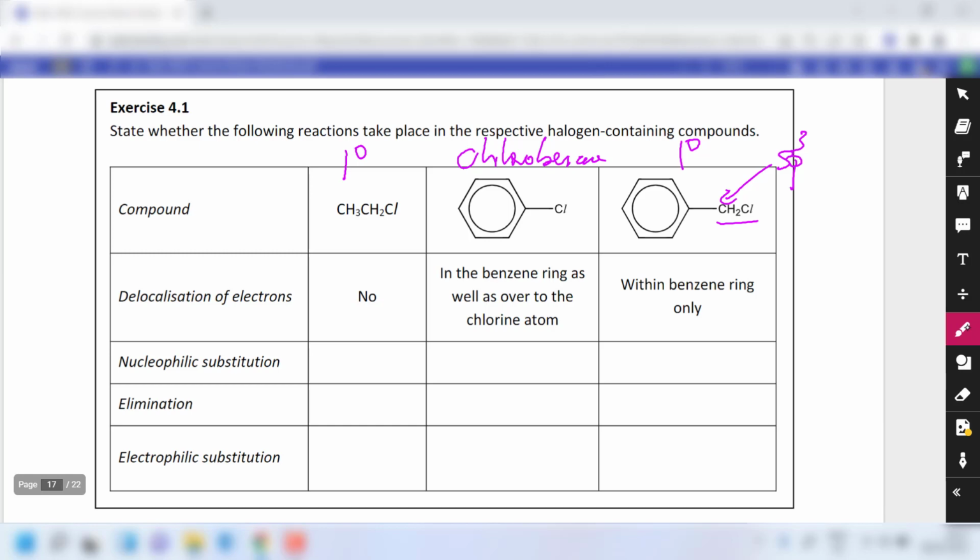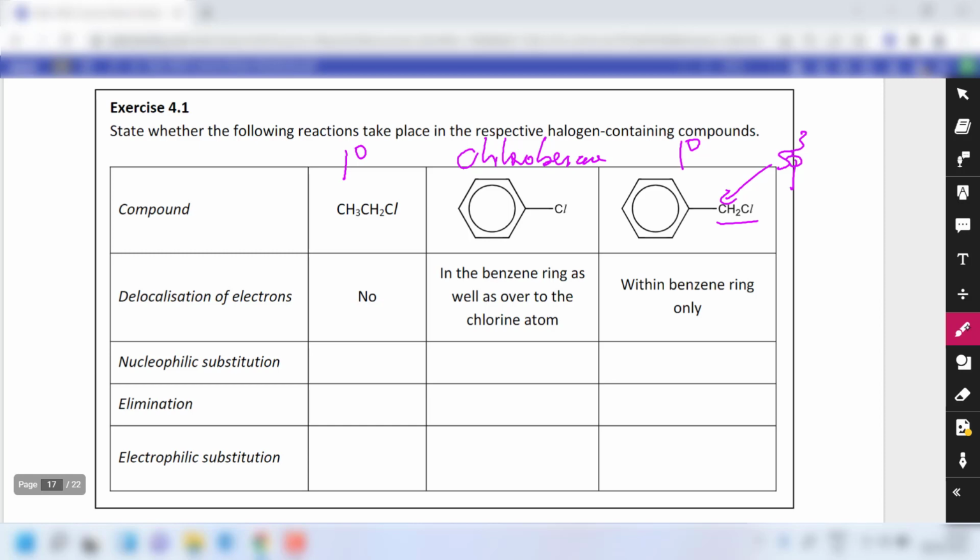Remember this. For delocalization, a little bit of the electron density on the 3p orbital of chlorine will delocalize into the benzene ring, but just a little bit of it. Actually, the fact is that it forms more of a partial double bond character with the carbon directly bonded to it rather than delocalizing all the way.